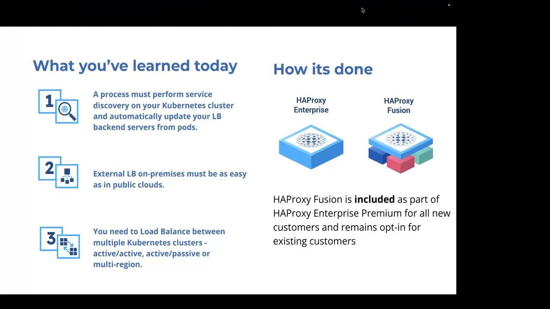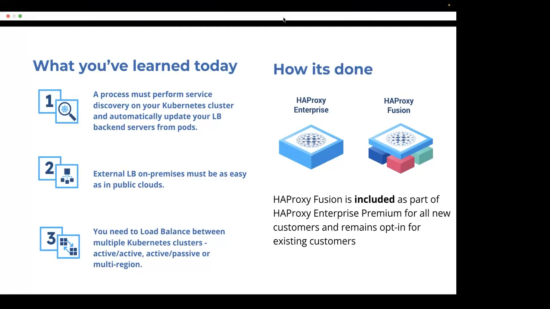So you don't need to write an application that is interacting with the Fusion API and create more complexity. What we try to do is to implement a simple way to configure the HA proxy configuration according to the user experience that you face every day on Kubernetes. So using custom resource definitions.